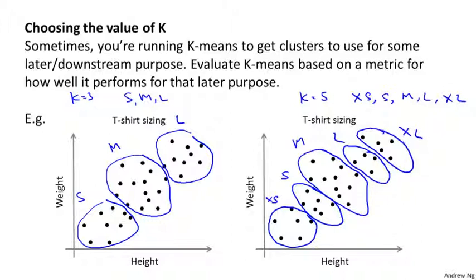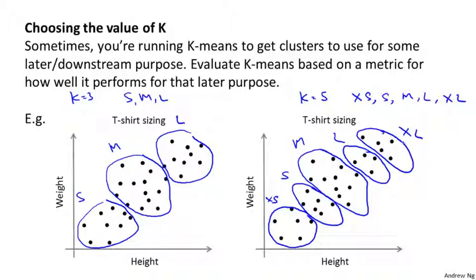And the nice thing about this example is that this then maybe gives us another way to choose whether we want 3 or 4 or 5 clusters. In particular, what you can do is think about this from the perspective of the t-shirt business and ask, well, if I have 5 segments, then how well will my t-shirts fit my customers? And so how many t-shirts can I sell? How happy will my customers be?